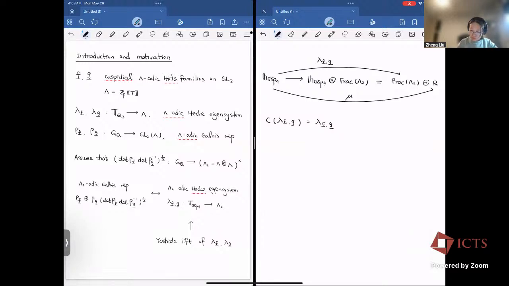Okay, so the image of the kernel of μ under this λ sub FG, and this will be inside Λ2, and this will be the congruence ideal for the Yoshida lifts.